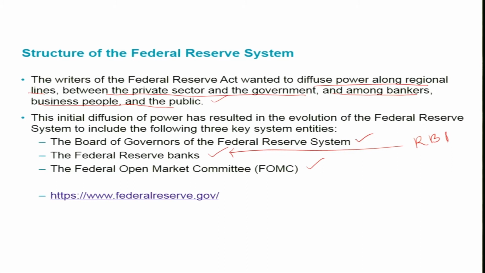Instead, there are groups of regional central banks, that is, the Federal Reserve Banks. Because of that, we call the whole central banking arrangement the Federal Reserve System, and it has many regional central banks.